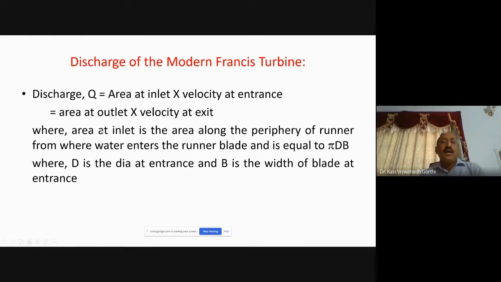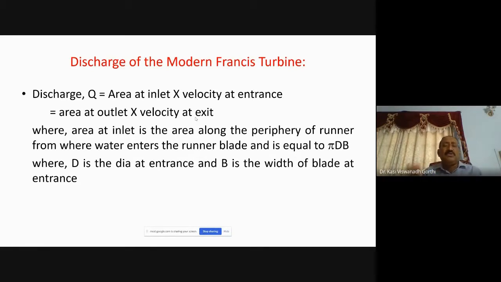Okay, so to compute the discharge, as we have already seen, discharge Q would be equal to area at inlet into velocity at entrance, or it is area at outlet into velocity at the exit. Meaning that whatever the quantity of water that is entering, same quantity of water is coming out.